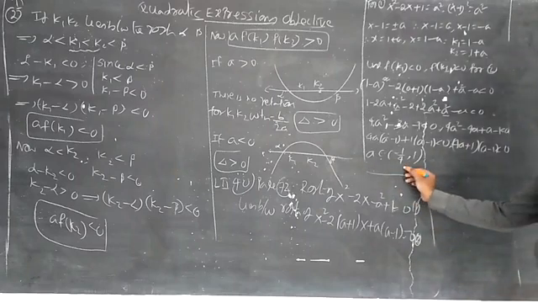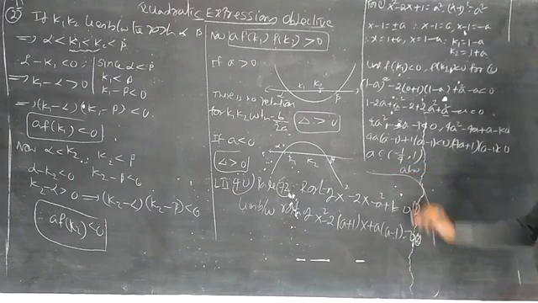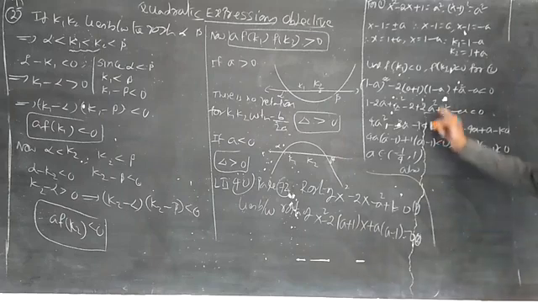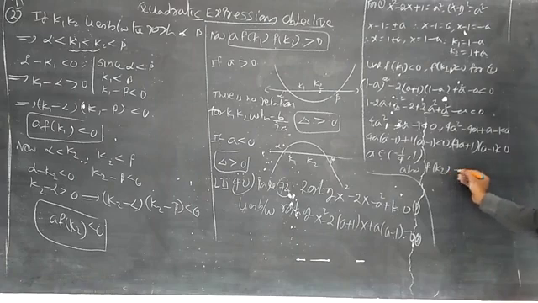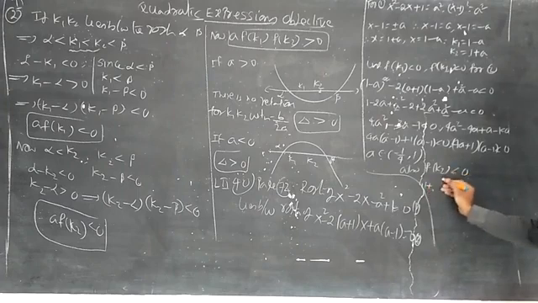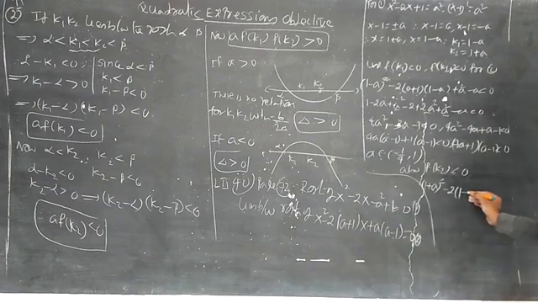And also you can write f of K2. What is K2? 1 plus a. F of K2 less than 0. So here 1 plus a whole square minus 2 into (1 plus a) into (1 plus a), that is minus 2 into 1 plus a whole square, plus a square minus a less than 0.